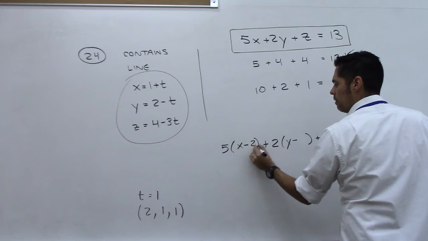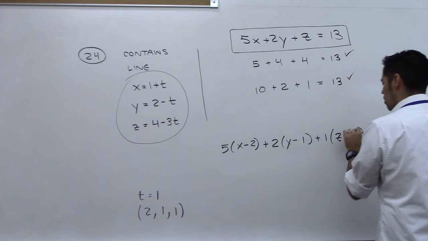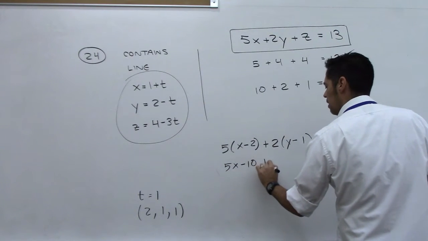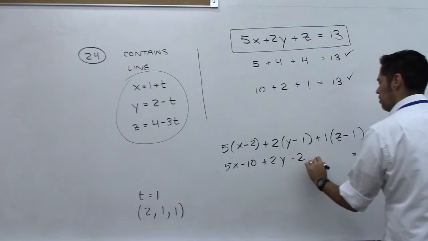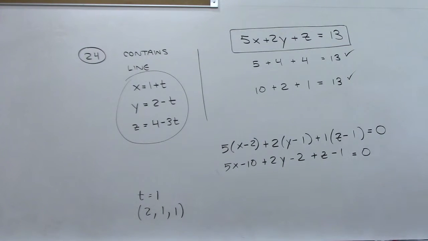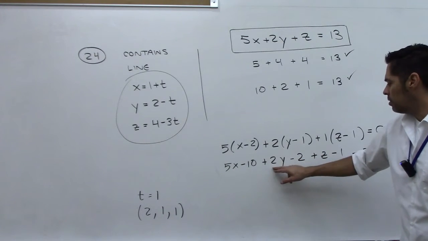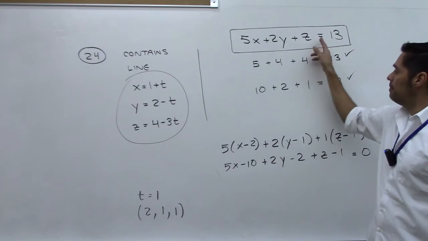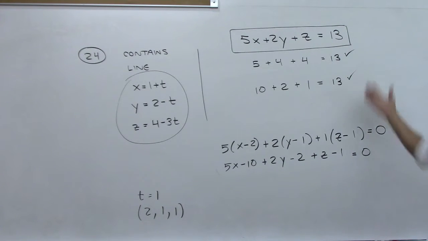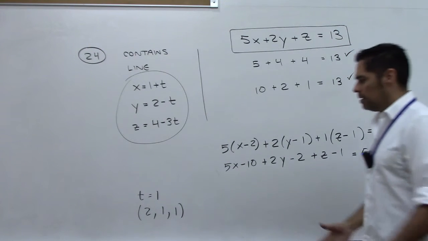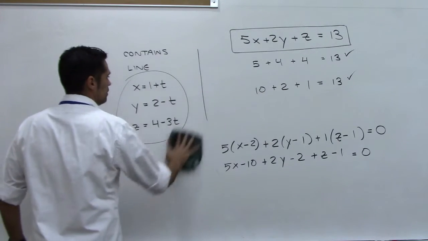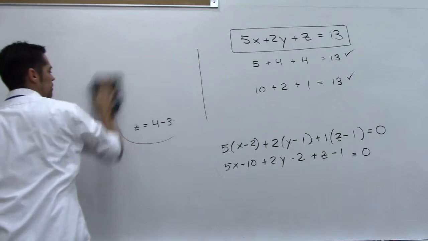So if I plug in here 2, plug in here 1 and 1, and distribute, 5x minus 10 plus 2y minus 2 plus z minus 1, then I get, look, 5x plus 2y plus z, that's the same. Negative 10 minus 2 minus 1, that's negative 13, still 13. It works. It's the same. Amazing. We're done.